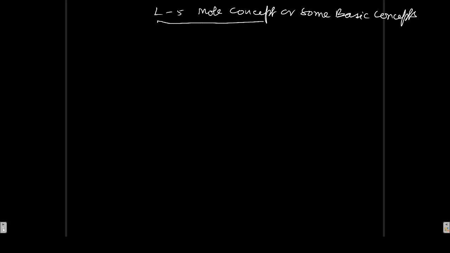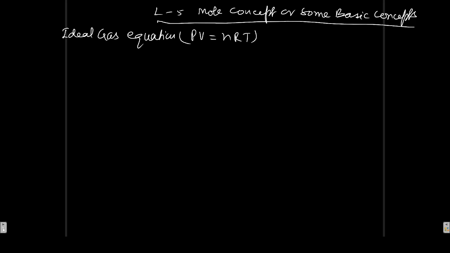Dear friends, this is lecture number 5 of mole concept or some basic concepts. Here today we have to study the ideal gas equation, most popularly known as PV = nRT.